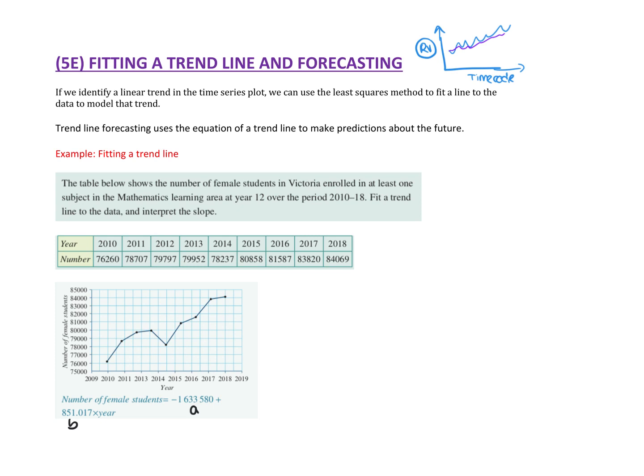So if you look at the data down here, the table below shows the number of female students in Victoria enrolled in at least one math subject learning area in Year 12 over the period of 2010 to 2018. And it says fit a trend line to this data.